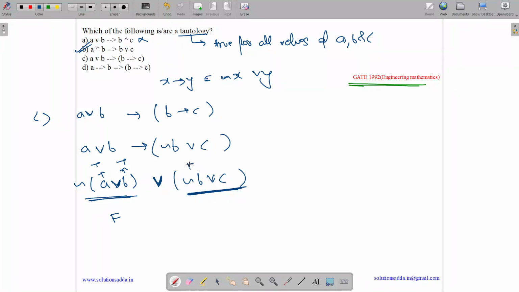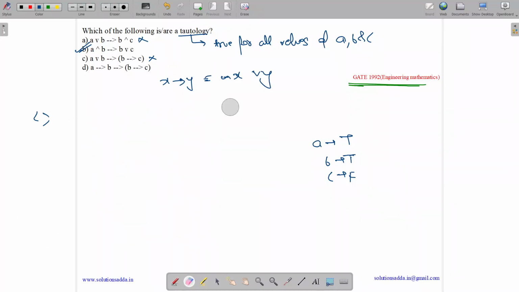Negation of true is false. C should be false. So these are the values: A should be true, B should be true, and C should be false. The negation of true comes out to be false. False or false is false. So this is not a tautology. Let us see option D.